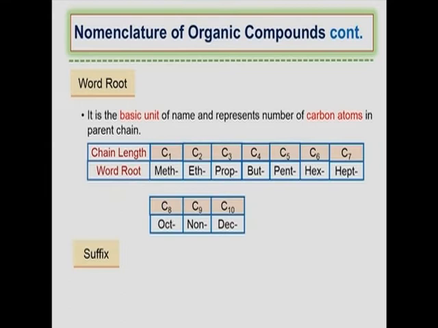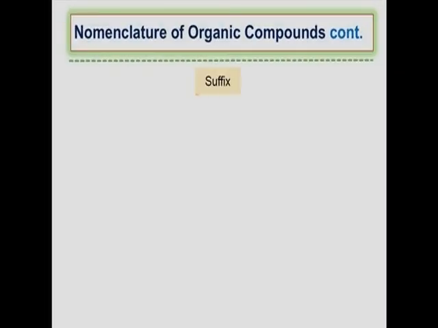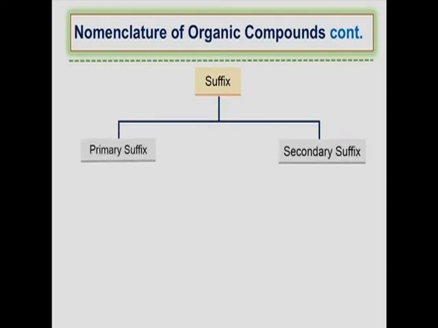The suffix comes after the word root, and suffixes are of 2 types: primary suffix and secondary suffix. The primary suffix gives us the nature of the carbon-carbon bond, and we have 3 types of carbon-carbon bond: single, double, and triple.